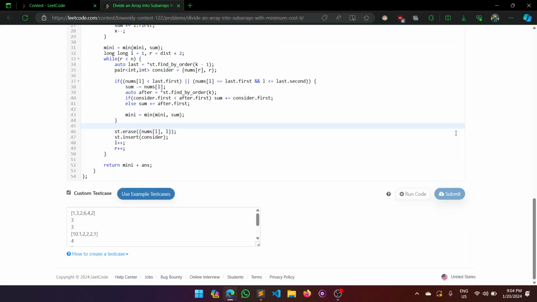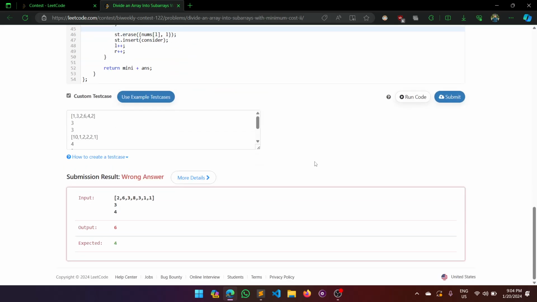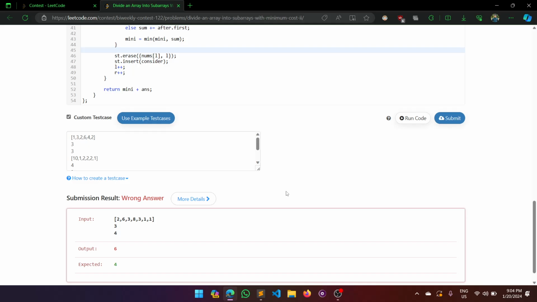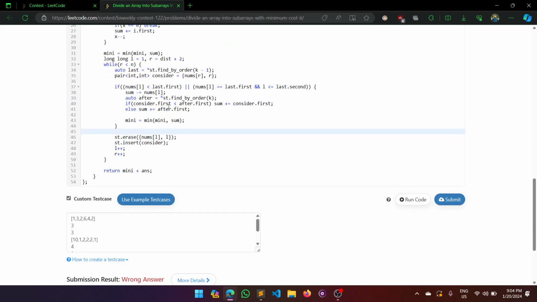Cool. Nah, man. What? It says 4. Apparently it should be 4. So like my logic is right, it's just that I'm not able to completely implement it the way I want it to be. So yeah, let's check.